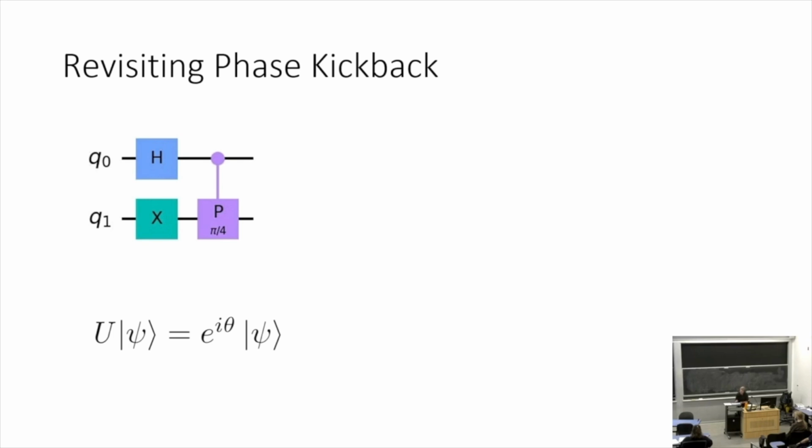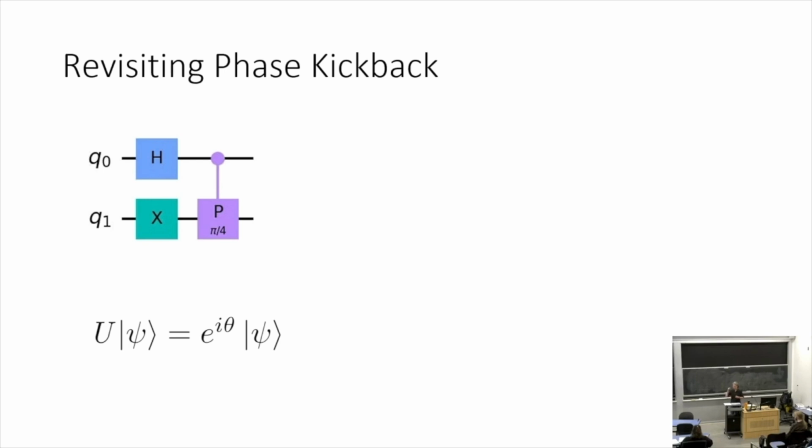So if we apply the operator to our qubit, maybe it looks something like this. U applied to psi equals e to the i theta psi. So the qubit doesn't change its state, it only affects its phase. So in this example, U is our operation, it's our matrix that's acting on our qubit, and the operator only adds a phase to our qubit.